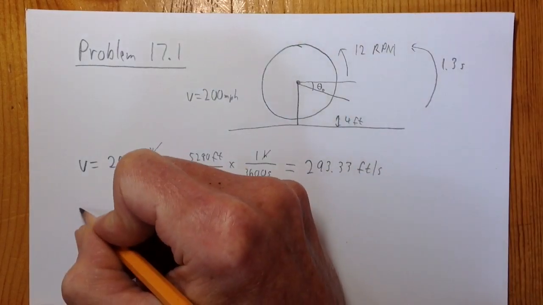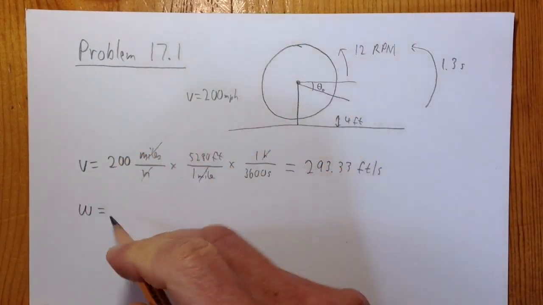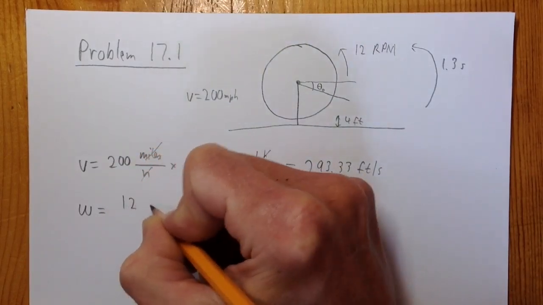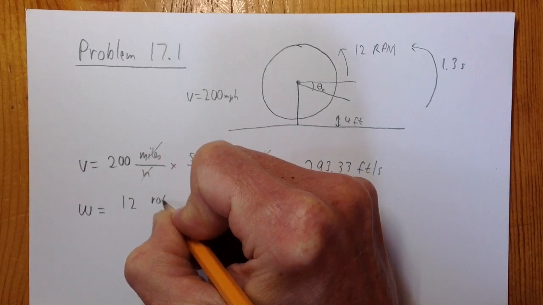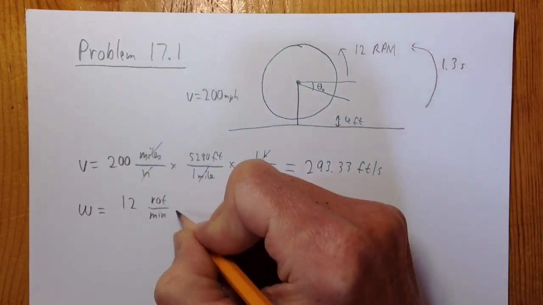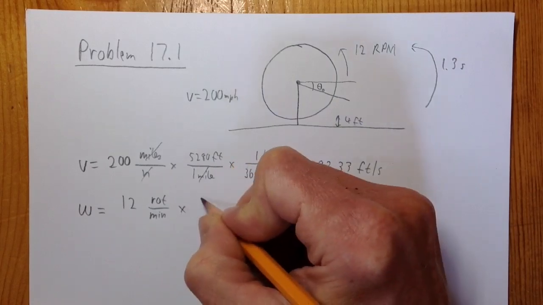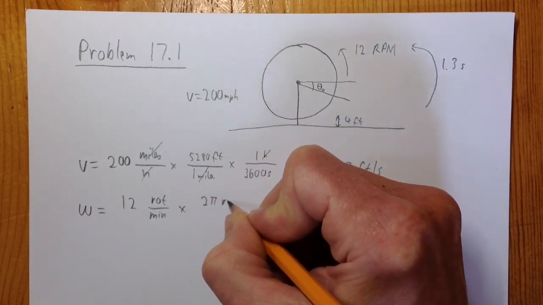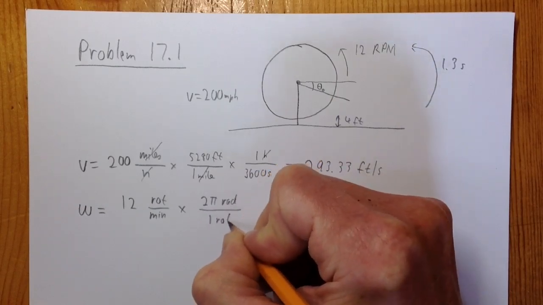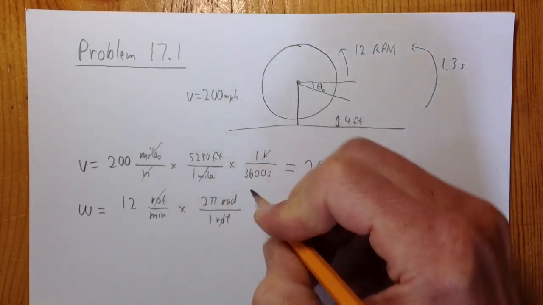Now we need omega. So the angular speed is, they give us 12 rotations per minute. We want radians per second. So we multiply by 2 pi radians, 1 full circle is 1 rotation. So the rotations cancel.